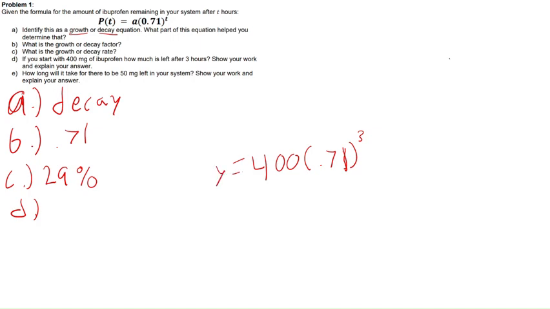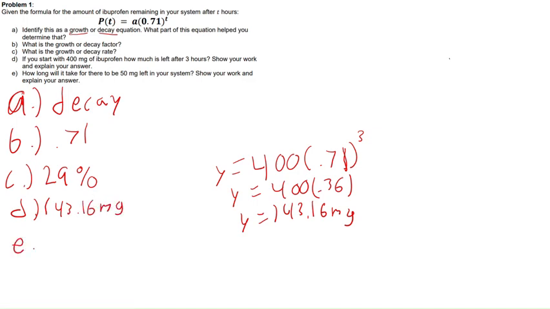I'm going to do that now. 0.71 cubed is 0.36 rounded. So 400 times that would be about 143.16. So that's how many milligrams would be left, and this makes sense because this is a decay equation.